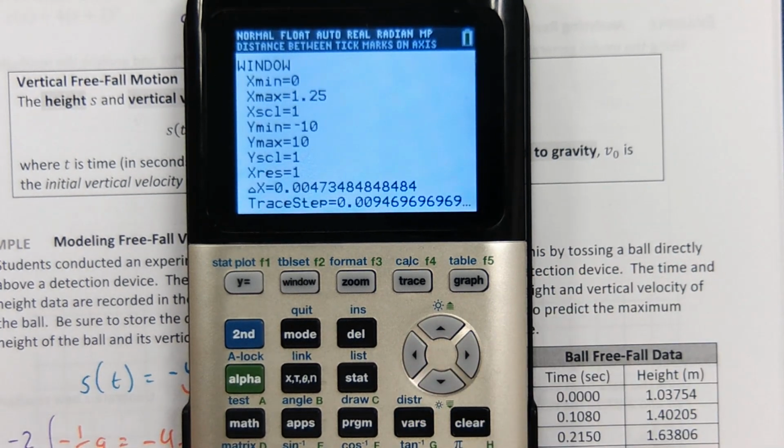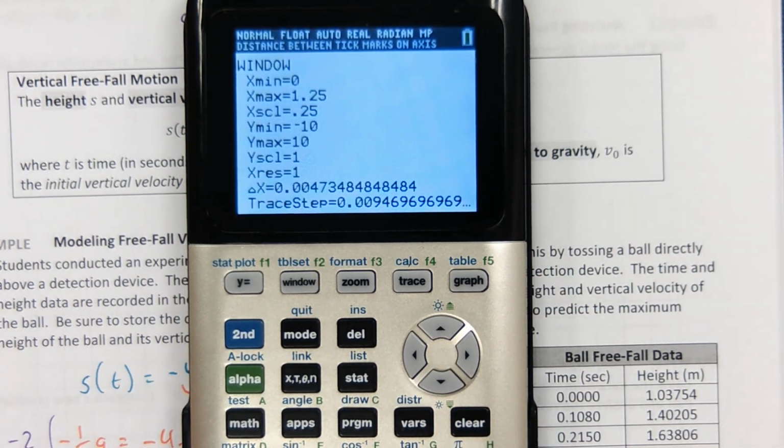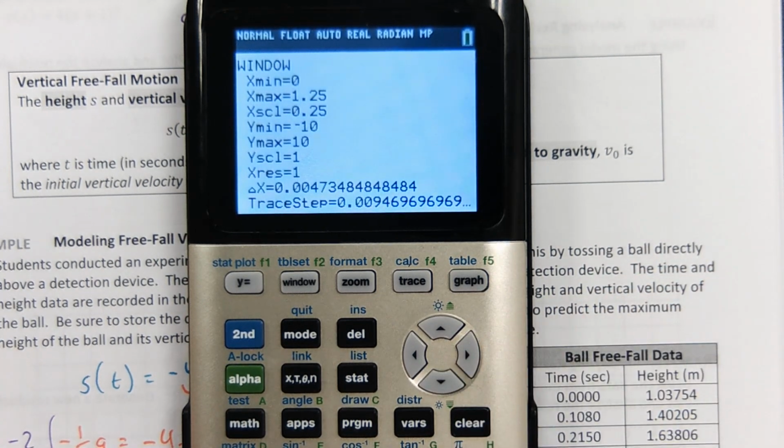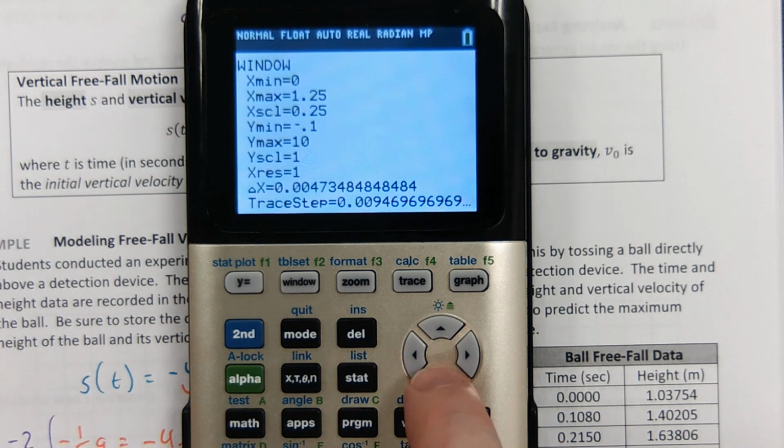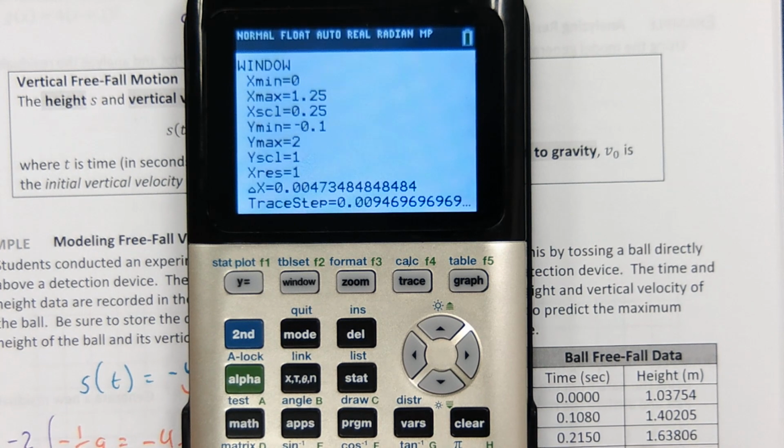And then have your tick marks go by 0.25s. That'll give you 5 tick marks. The minimum height is going to be 0. However, I know what's on the back of these notes, so I want to have a small negative value for my minimum. Negative 0.1. Okay? Trust me on that one. And y maximum, it didn't even hit 2, so I'm just going to go to 2.